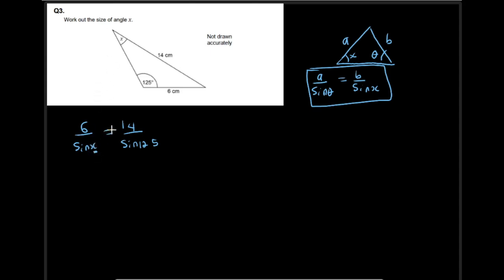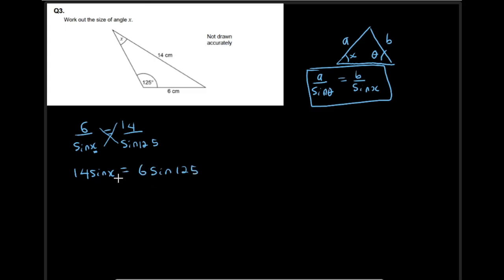So what we're going to do here is cross multiply. Then we're going to have 14 sine x equals 6 sine 125.